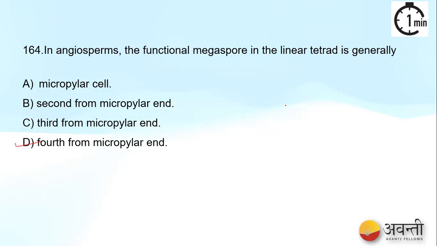Whenever the megaspore mother cell divides and produces 4 megaspores, 3 will degenerate and 1 will become the functional one, right? So this is the fourth one, 1, 2, 3, fourth. This fourth one will become the functional megaspore, especially when it comes to the formation of the embryo sac. So this one is correct. Option D is correct for 164, students.